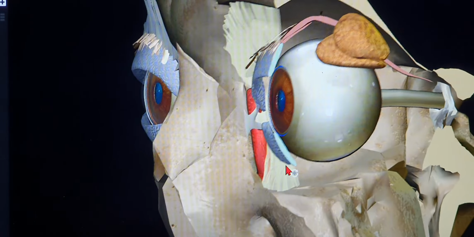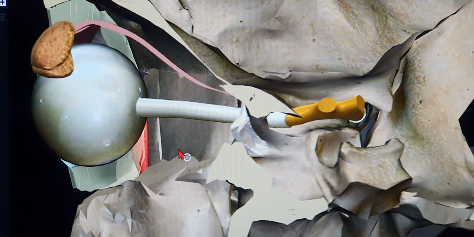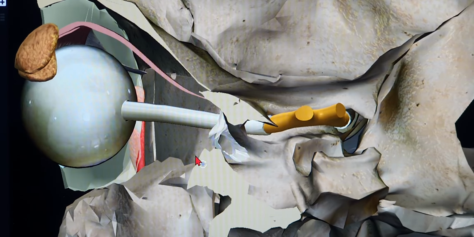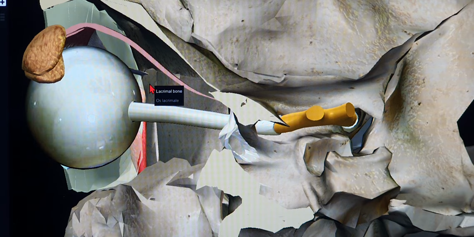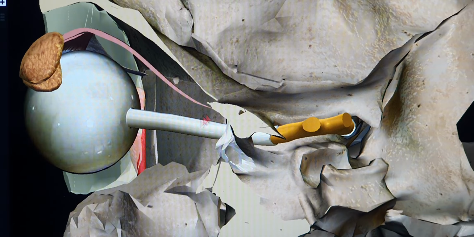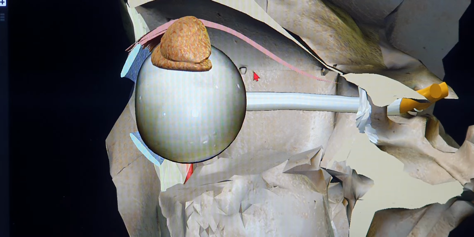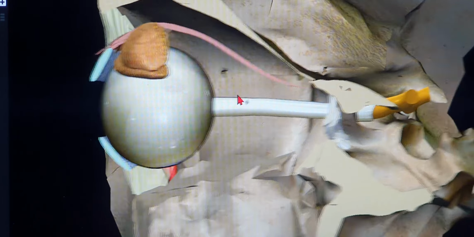Now, I need to show you the lamina papyracea exactly. This is a posterior lateral view of the patient's left orbital cavity. You can see this is the lacrimal bone over here, and this is the ethmoidal bone. This ethmoidal bone is nothing but the lamina papyracea, which acts as the medial orbital wall, and you can see the anterior and the posterior ethmoidal foramina over here, which are the canals in which the anterior and the posterior ethmoidal nerve run along.